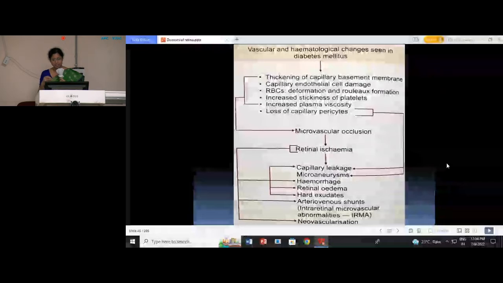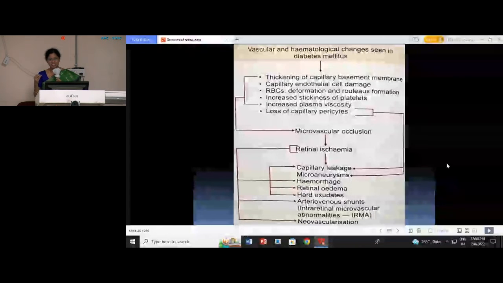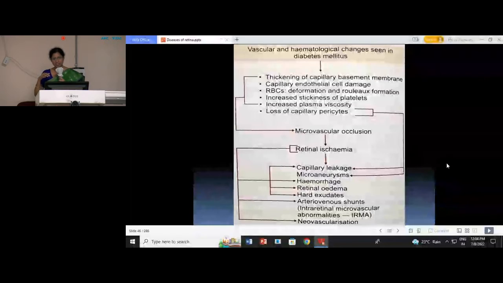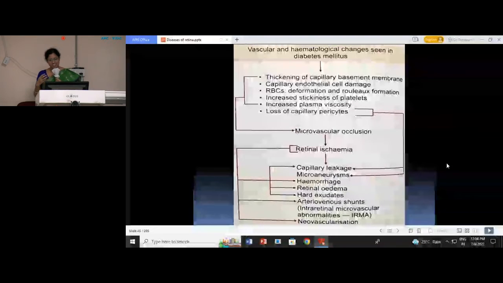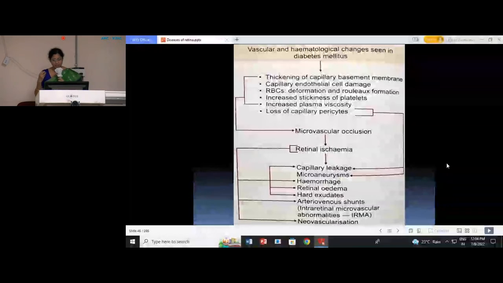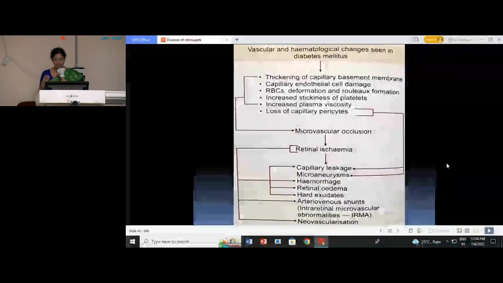This leads to the formation of microaneurysms, which are nothing but outpouchings of the capillaries. They are very leaky. There will be leakage of blood and of intraretinal fluid, leading to retinal edema and also hard exudates.